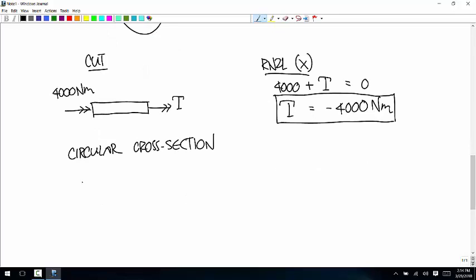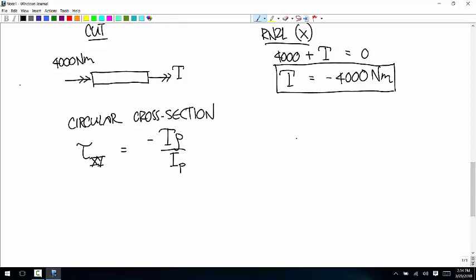So we know we're going to use this formula that says tau capital X capital Y is equal to negative torque times rho over the polar moment of inertia. Torque is negative 4,000.